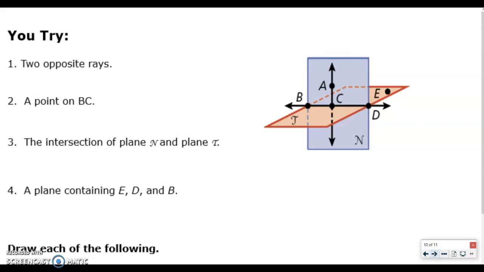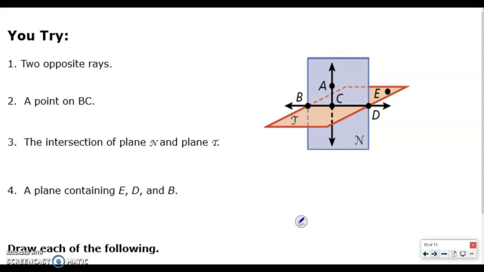All right, next you try. So go ahead and pause the video, work through each of these, and then unpause to see the solutions. So number 1, 2 opposite rays. We just need to name 2 opposite rays.